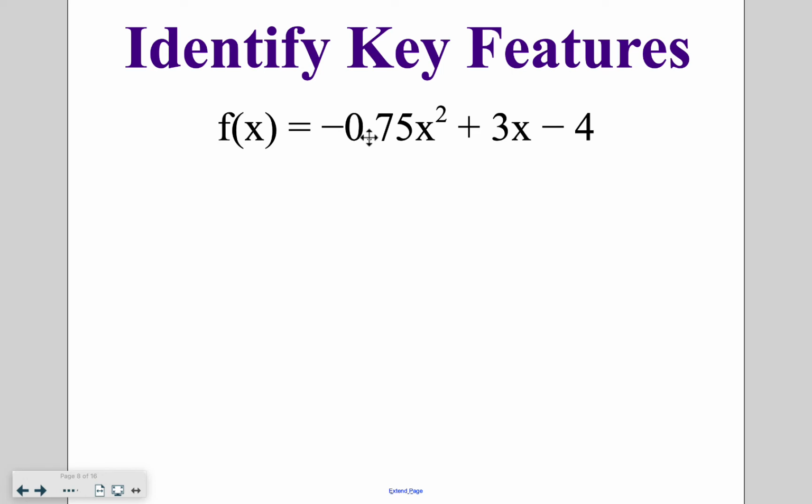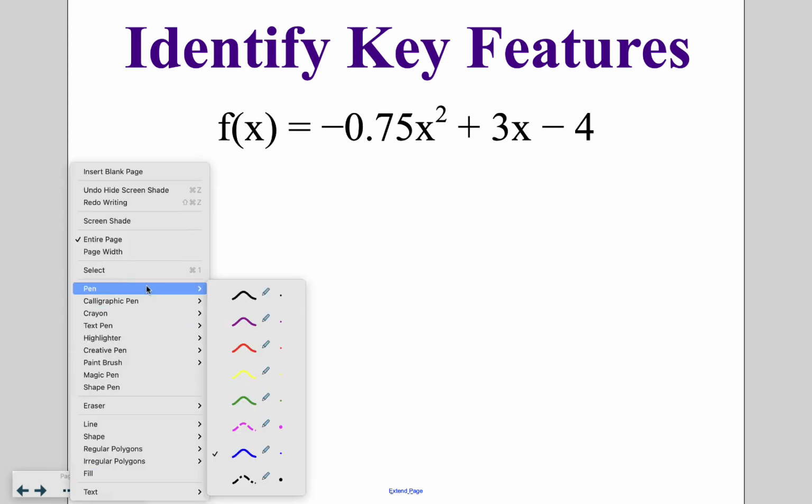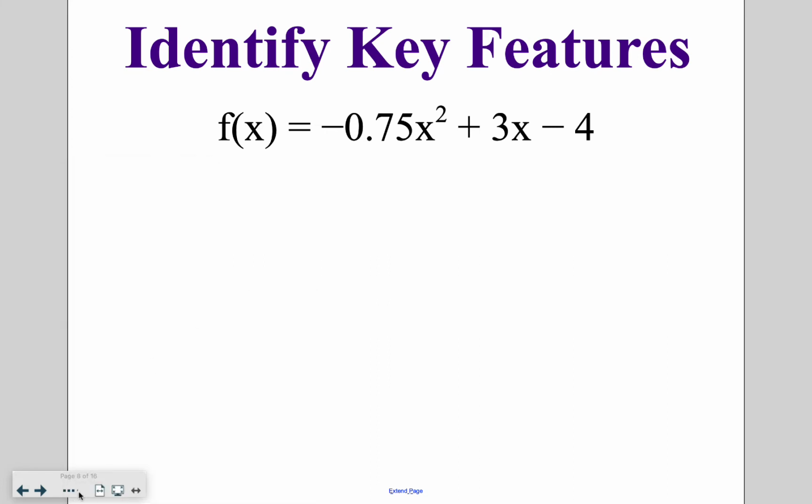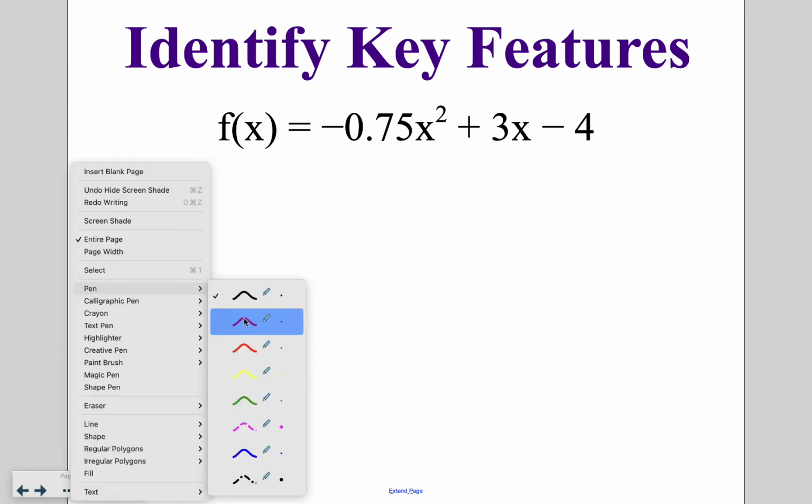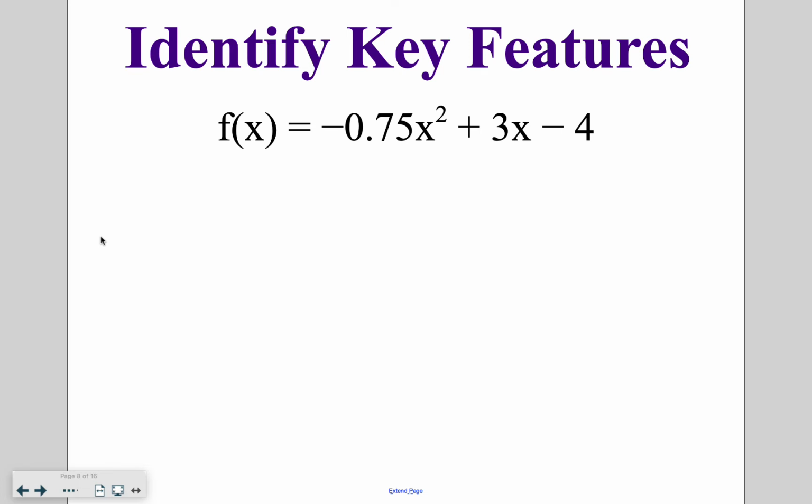We also are able to identify these key features from a function written in standard form. The procedure is just slightly different. When you are finding your axis of symmetry, there is a formula that you are going to use every single time.